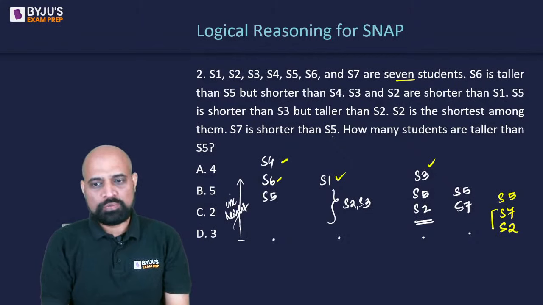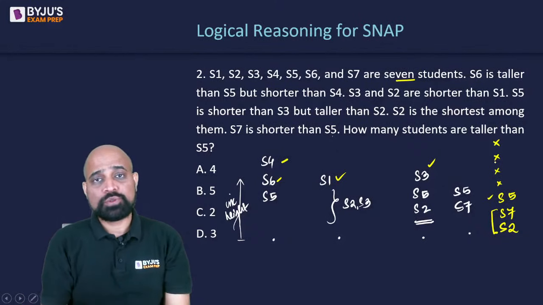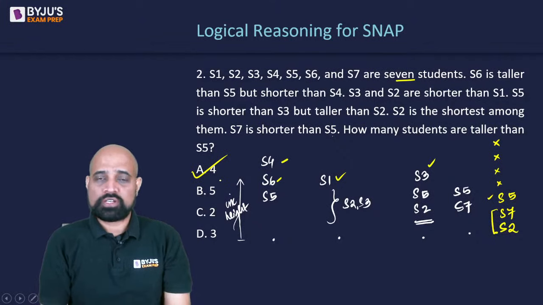There are 2 people who are shorter than S5. S5 is there himself. So obviously the remaining 4 people will be taller than him. And we don't have to actually figure out the sequence of those 4 people because we just answered it, right? So we can save some time. So the answer is going to be the first option, 4.